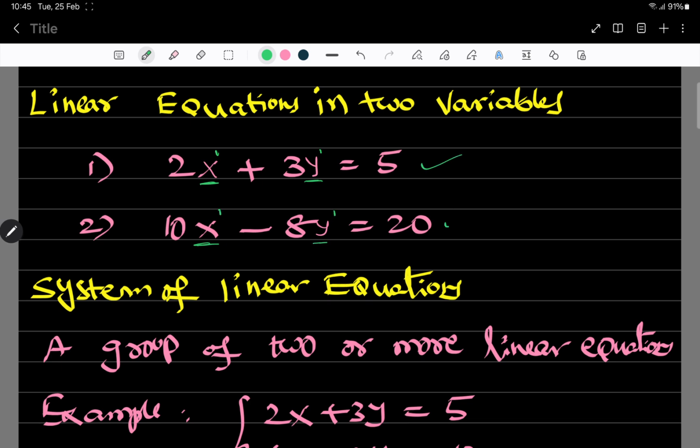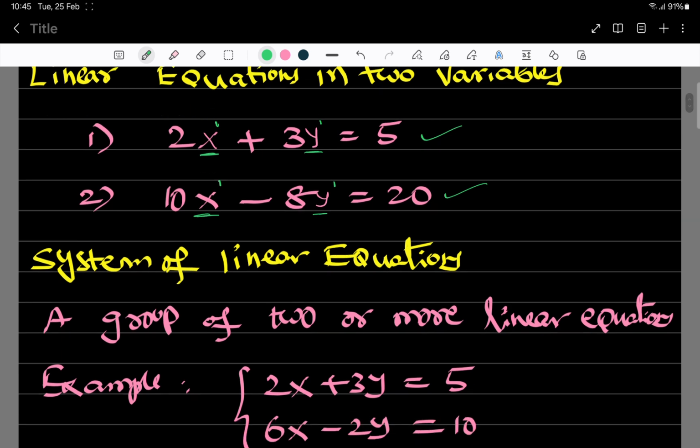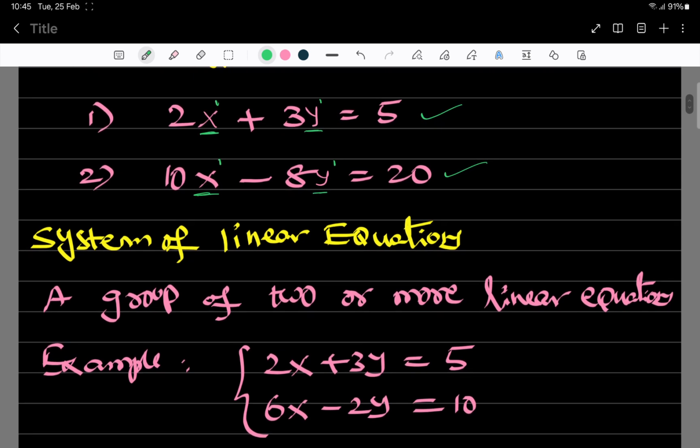So these are all linear equations in two variables. Linear equation in one variable means we are using only one variable with degree 1. Two variables means using two variables with degree 1. Okay, hope you understand.